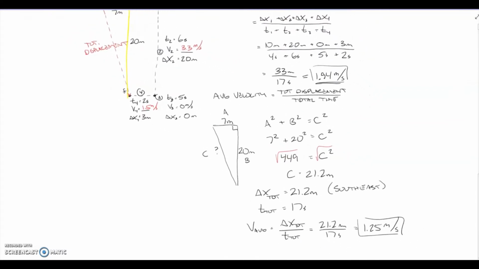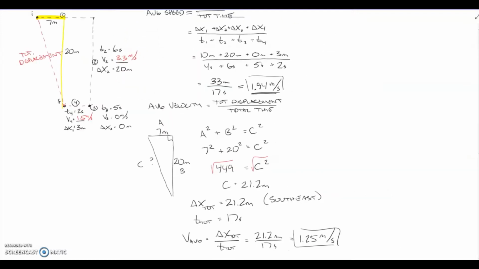Now notice, that's actually slower than it would be if I took the full path. And that kind of makes sense, right? To get from start to finish in 17 seconds, I would not need to go as fast because I'm taking a straight line path. So that actually makes some sense.